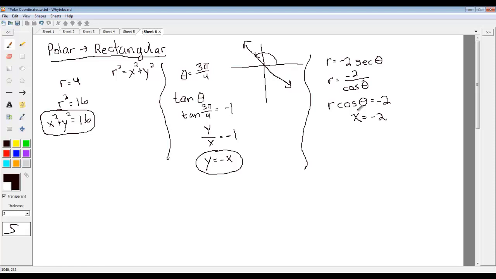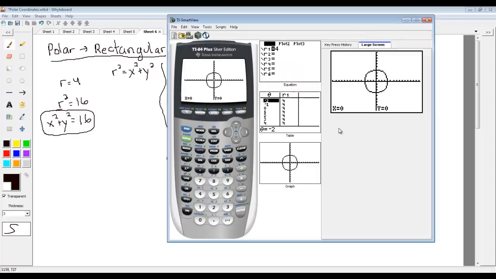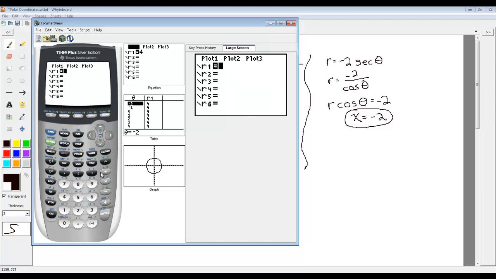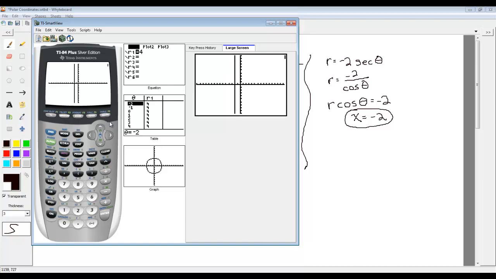X equals -2. That's a vertical line. Let's put it in to y equals, putting -2 divided by cosine theta. There's your vertical line, x equals -2.